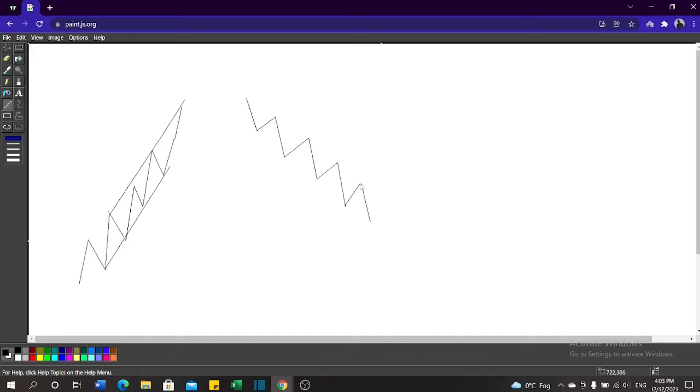So what I as a trader would do, I'm going to come and draw a line, my trend line, from this point. It has to touch this second lower high. It touches the third line. It touches the fourth line. Those are my points where the trend line is touching the market.